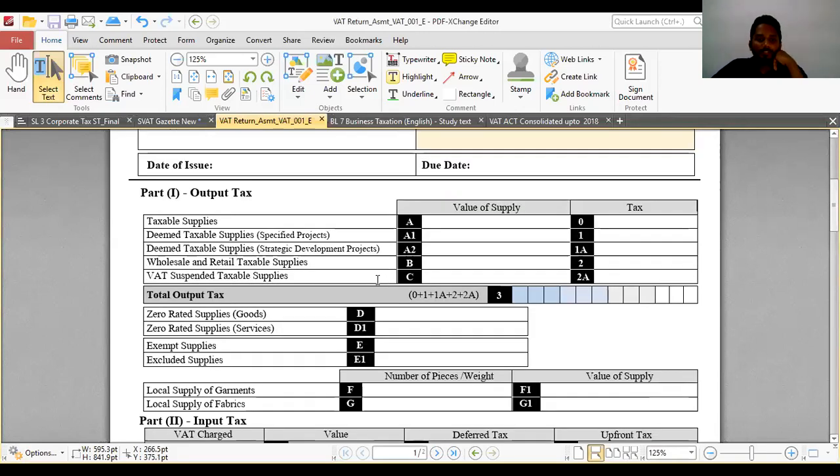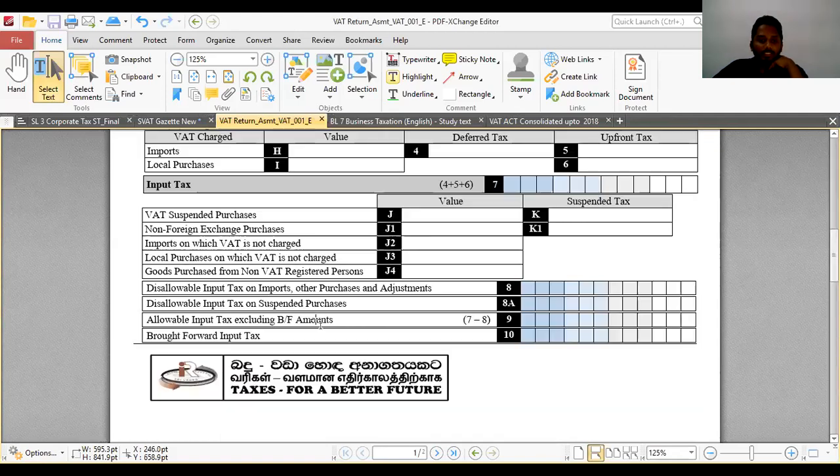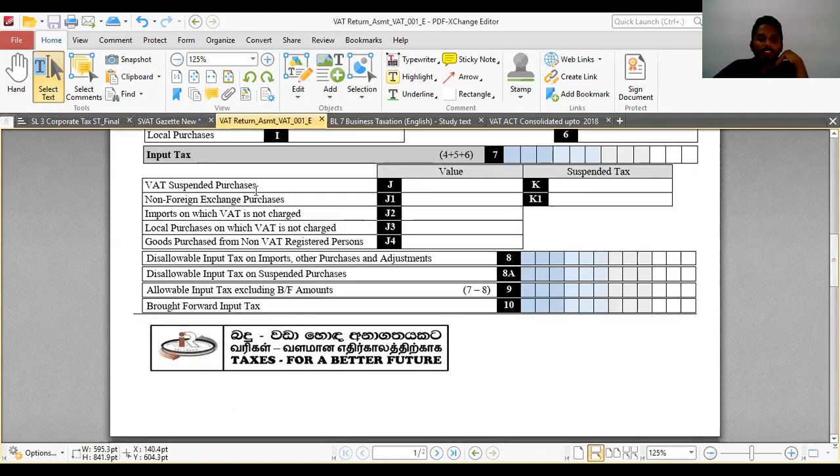Here, whatever suspended purchases you have, you will declare here as suspended purchases. But if you do not comply with the procedures, uploading schedules and approving this, they will disallow all the suspended purchases. Disallow means you then have to pay VAT.